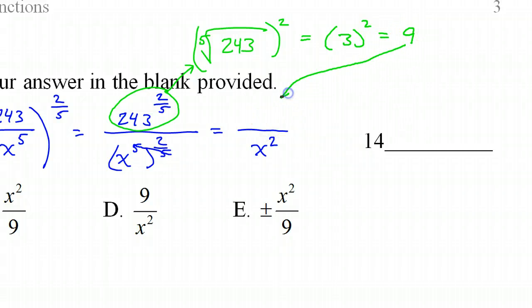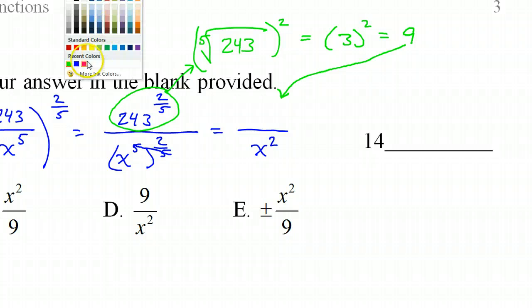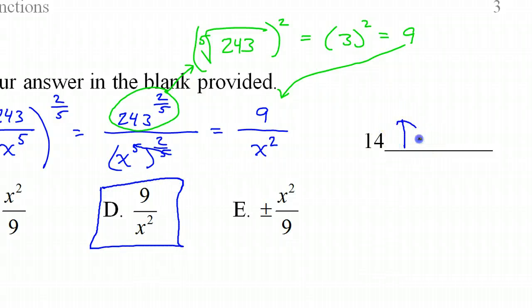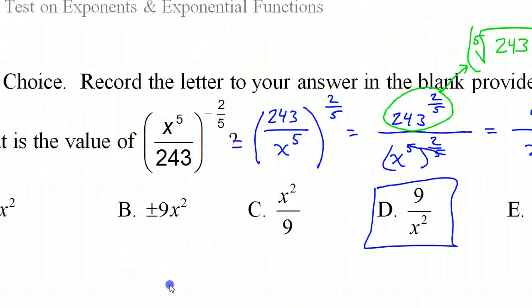So that's why we're going to have a 9 right here. So it's just 9 over x squared, which I can see right there is d. Okay, fantastic. So that was number 14.